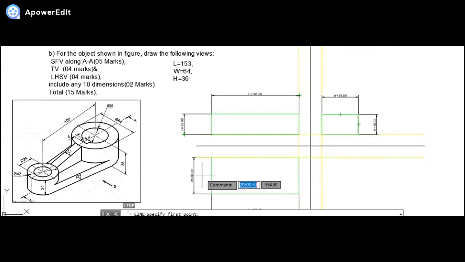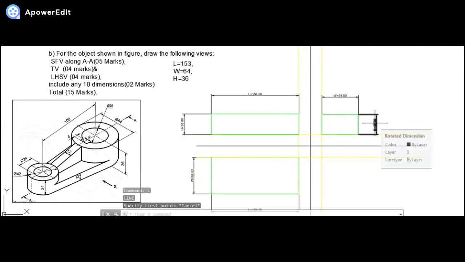Last but not the least, here is the width in the top view, that is 64, and here is the height. One of the dimensions that I need to change is the width, height over here.